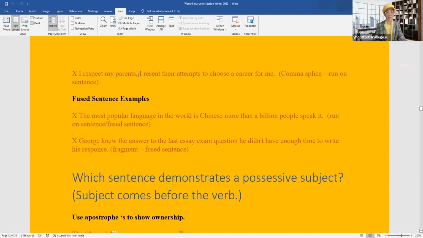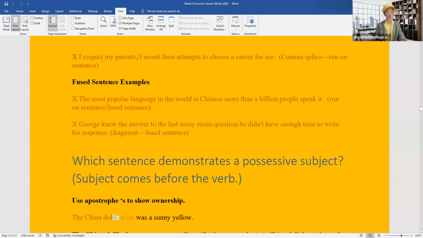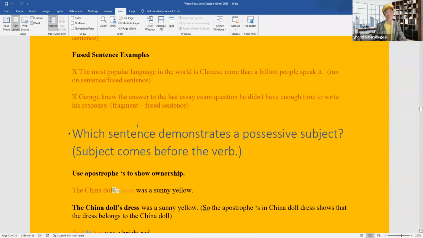It's a run-on sentence. The most popular language in the world is Chinese, more than 1 billion people speak it. So here you need a period, okay? You could say: The most popular language in the world is Chinese, period. Then you capitalize: More than 1 billion people speak it. So that's also a run-on fused sentence.